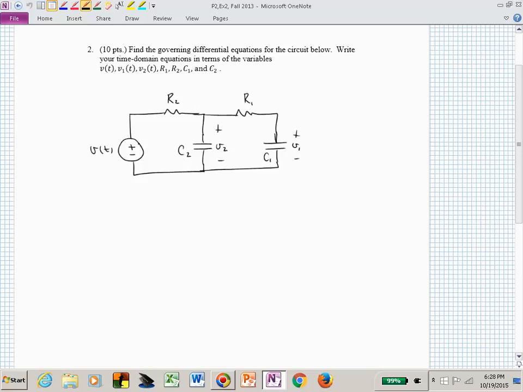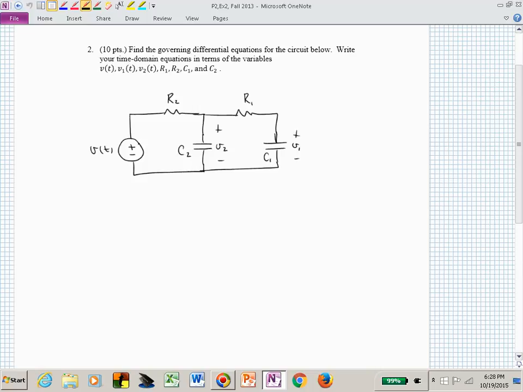Yes? The question was, is there going to be a circuit that you can only solve with ladder? No, I think you can always fall back.